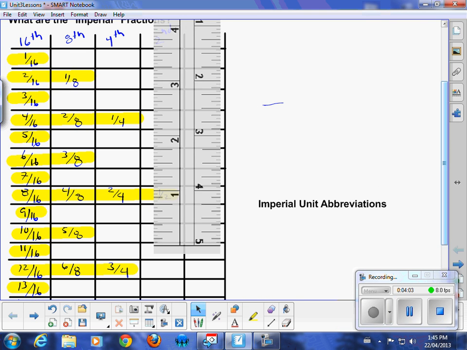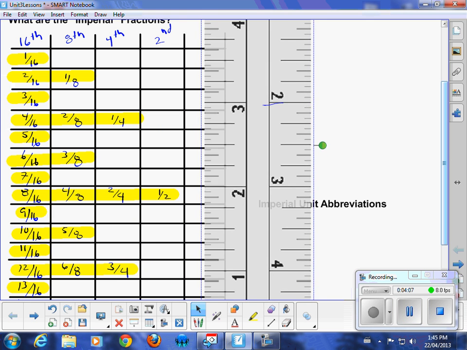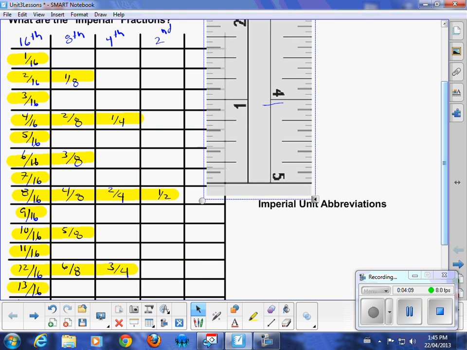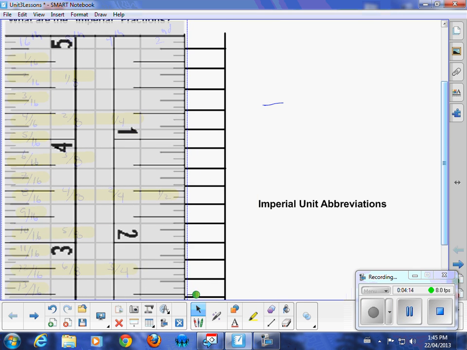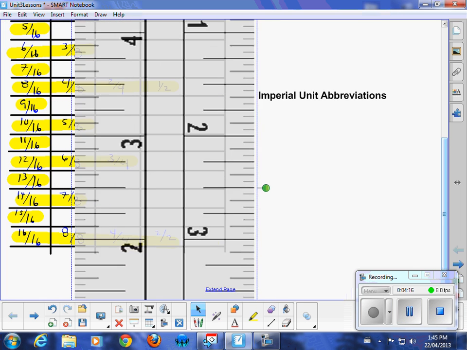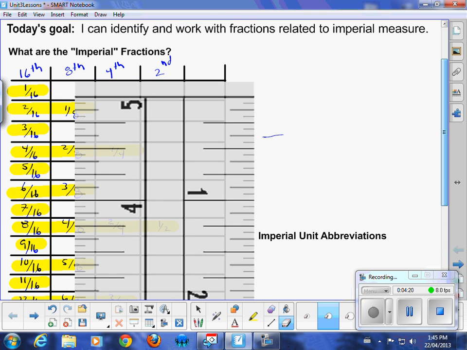I wonder if I can make this ruler really big to match. There we go. Now we've got some size going. All right, this is the one I'm interested in up here. So when you look at that first 16th, here's the first 16th on the ruler.